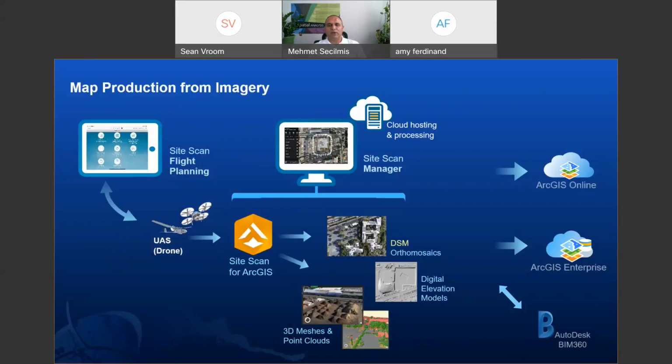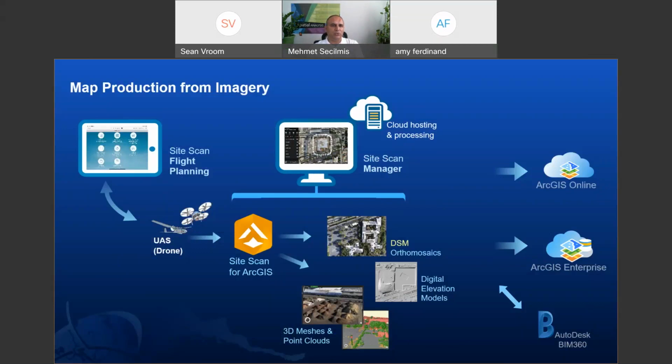Here is a simple process of how data is captured. It starts with site planning and flight planning. Esri's Site Scan app includes that. You start with planning your flight, then you use your drones to collect data, and with the software we call Site Scan Manager, you capture data and analyze it.